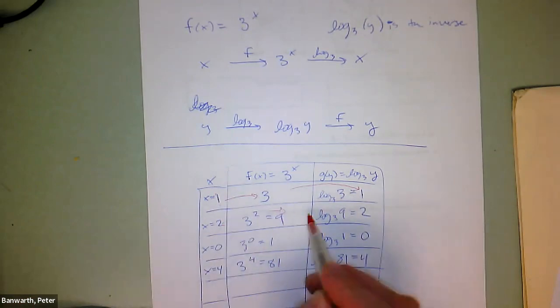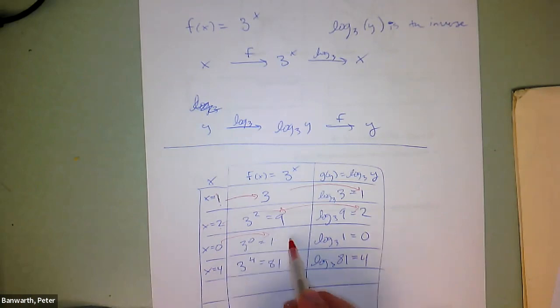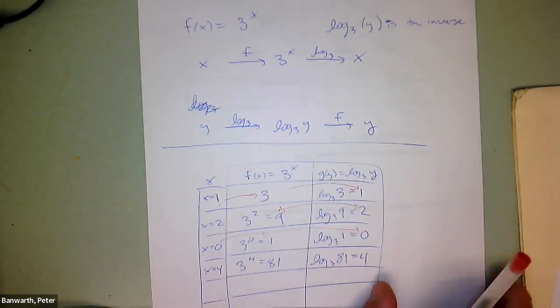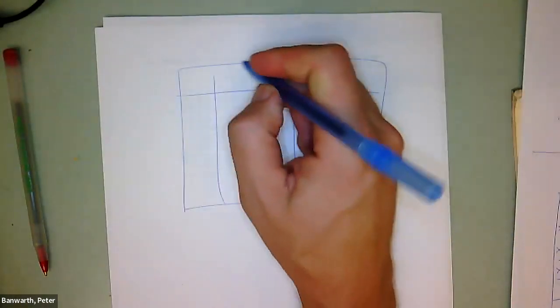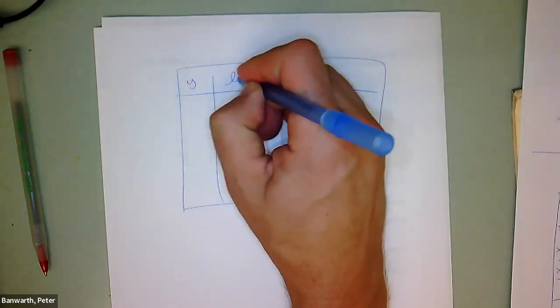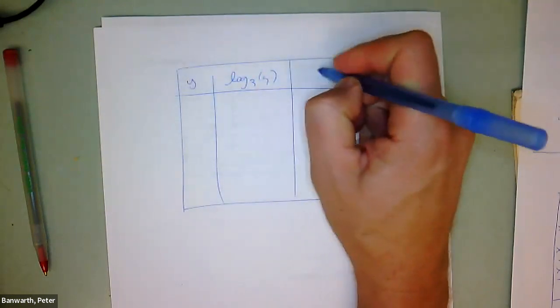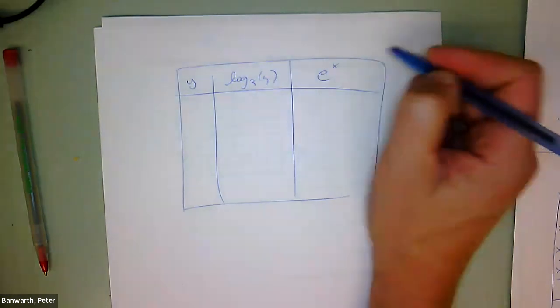2 goes to 9, then back to 2. 0 goes to 1, then back to 0. And it'll work the other way as well. If I have y here, and I have log base 3 of y, and then I have 3 to the x here.